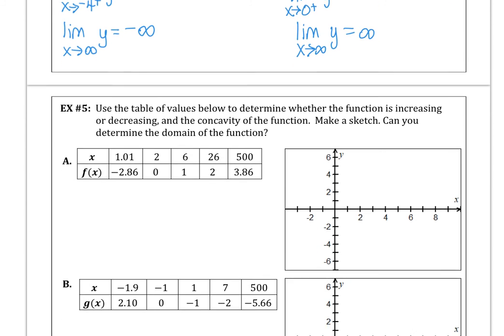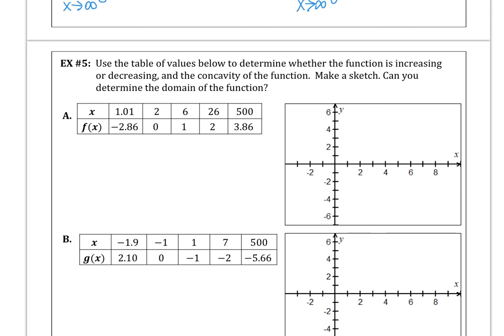We've got a table of values, and we're going to determine whether the function is increasing or decreasing, and we want to talk about the concavity of the function and make a sketch about the function and determine the domain if that's possible. So looking at the y values, it appears to me that f of x is increasing.